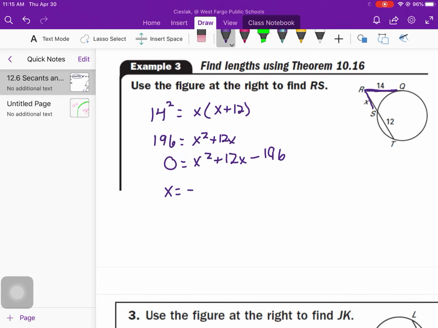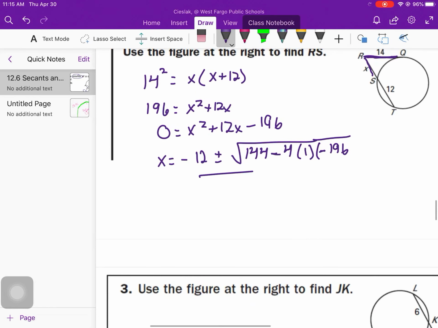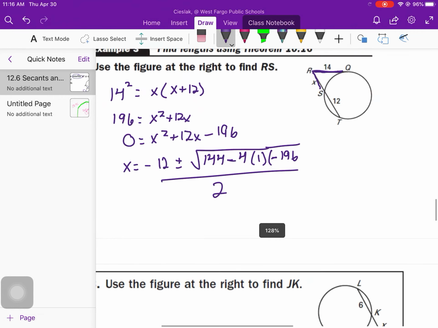So x is equal to the opposite of b, so it's going to be negative 12 plus or minus the square root of b squared, which is 12 squared, so 144, minus 4 times my a value of 1 times c, which is negative 196. Again, notice that I've got a negative and a negative, so that's going to come back positive, which gives me 928 on the inside, and don't forget to divide by 2.